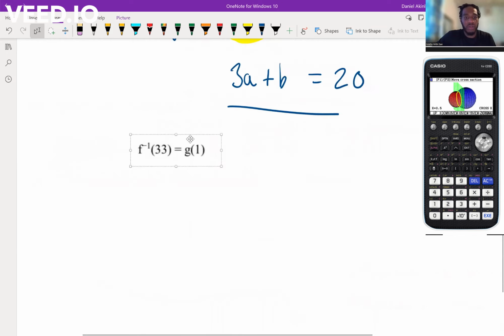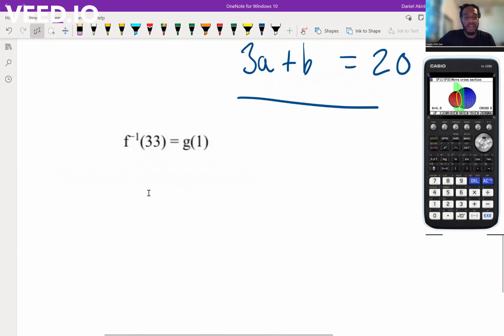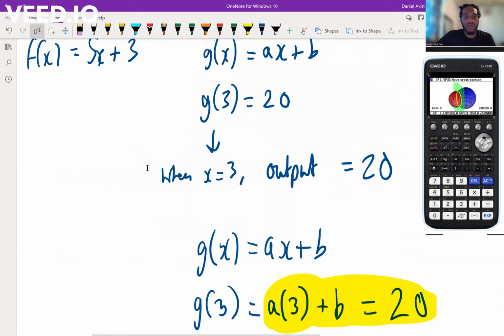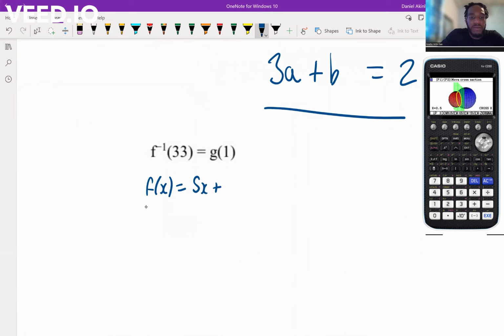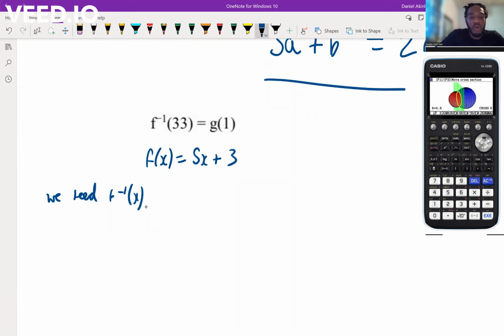So what we should do is find out what our inverse function is. So we have f of x is equal to 5x plus 3, and we need to find the inverse function. Whenever you do that, you always replace this with a y. So you have y is equal to 5x plus 3. Now I'm going to swap the x and y's around.